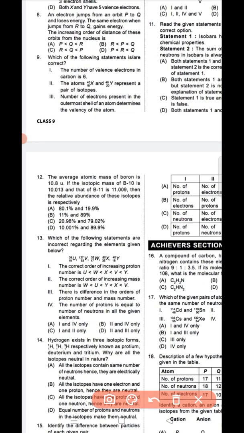Option D, 10.001 and 89.9%. So question number 12, option C is the correct answer.